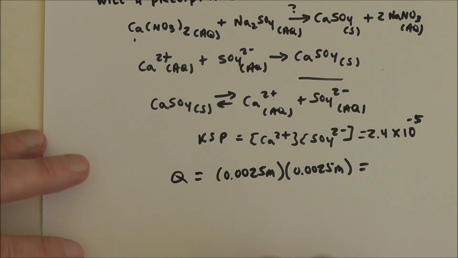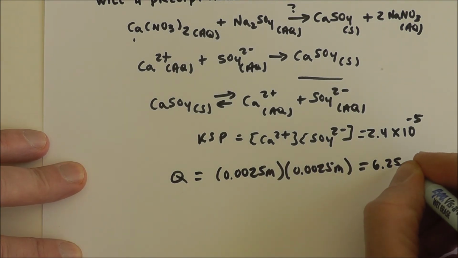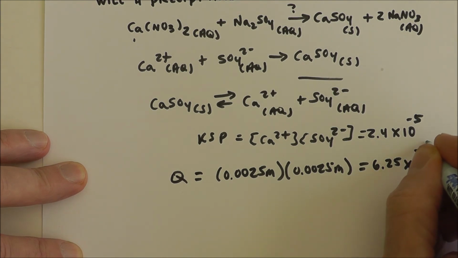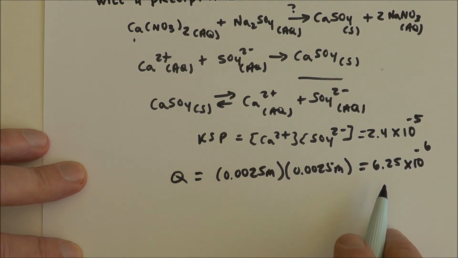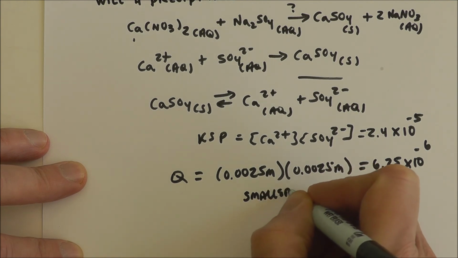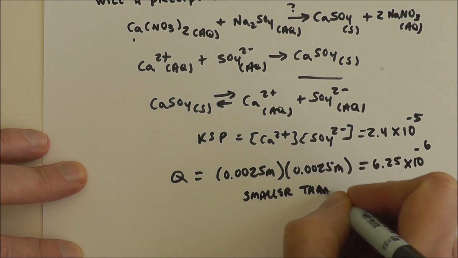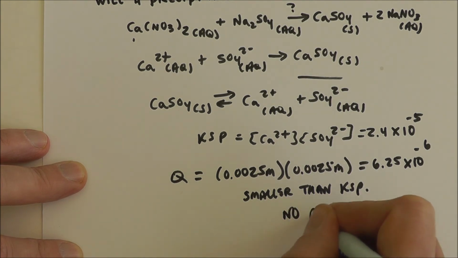So this would be 6.25 times 10 to the minus 6. Not by a great deal, but by a factor of, say, 4 or so, that is smaller than KSP. No precipitate.